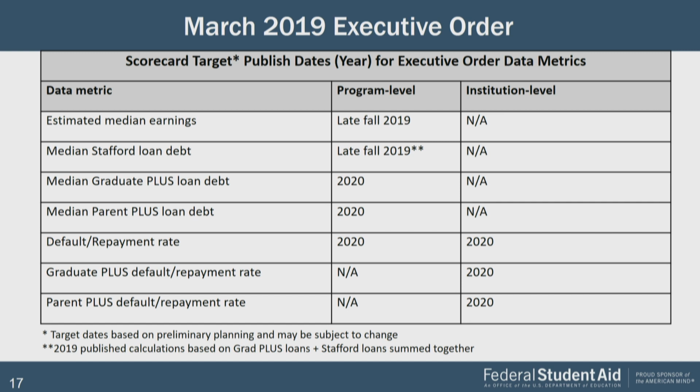One thing that I wanted to mention is that the estimated median earnings is only 1 year out from graduation. That's because we have limited historical data in NSLDS to construct cohorts. So the long-term goal will be to have a longer look-back period, all the way up to 10 years. But we just don't have enough historical data.